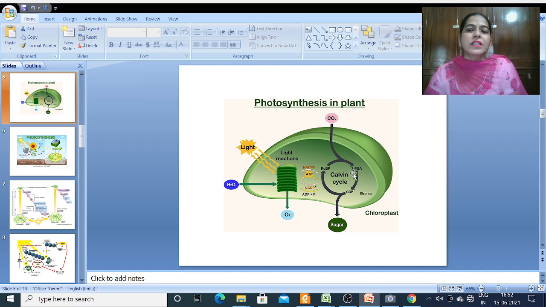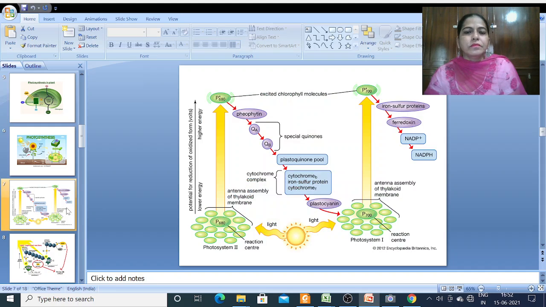This converts it into 3-PGA, which is converted into glyceraldehyde 3-phosphate, which converts it into sugar, and the rest of the cycle is for regeneration of RuBP. These light independent reactions of the Calvin cycle occur inside the stroma. Now how all these things occur, we will do in detail.